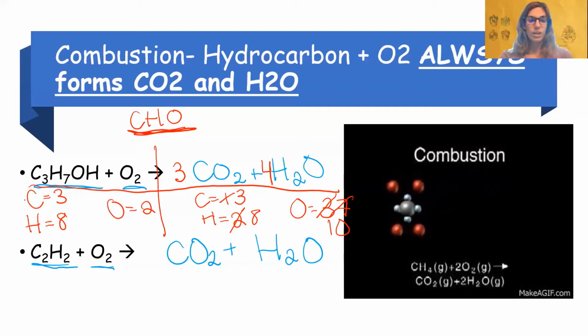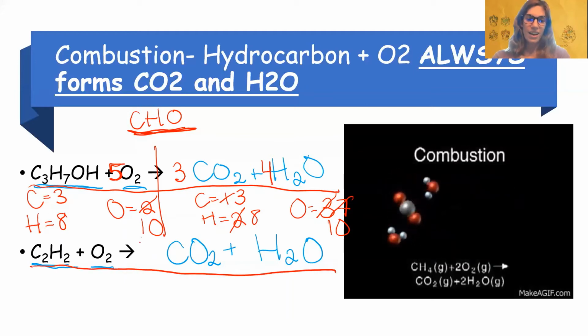So now my carbon is balanced, my hydrogen is balanced, and I can move on to my oxygen. If I have 10 oxygen on the right, then I'm going to add a 5 coefficient on the left, which will give me 10 as well. And now it's balanced. Go ahead and pause this video and try to balance this next one on your own. When you're ready, hit play.